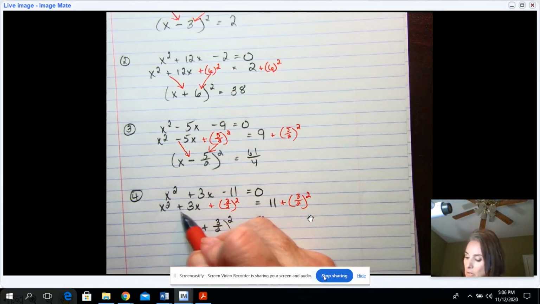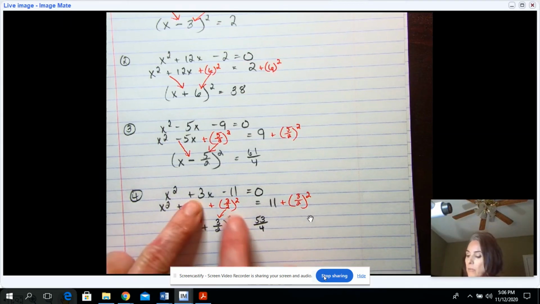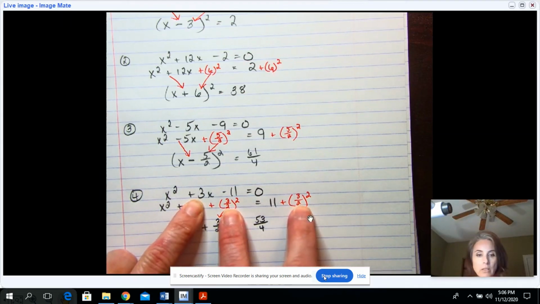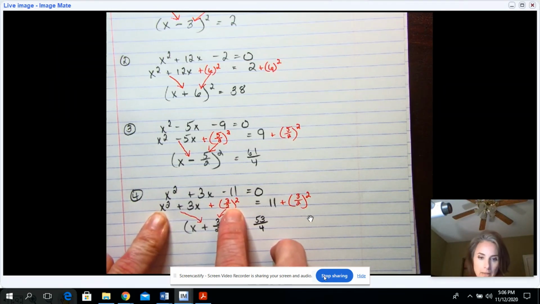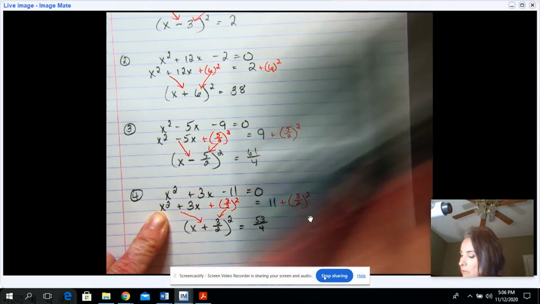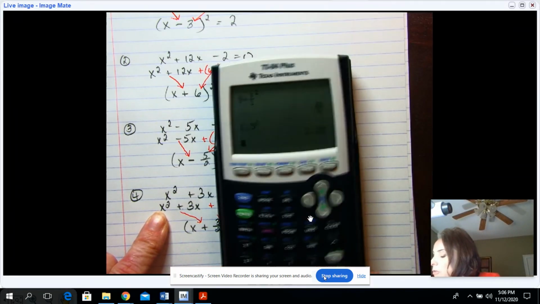Again, you're using this sign and you're using what's inside the parentheses. So you put your x's on one side, put your constant on the other. Whatever b is, you're adding half of b squared to each side. And then to factor this, you wouldn't be able to factor that, you wouldn't know what that was. If you had 1.5 squared, that would be 2.25.